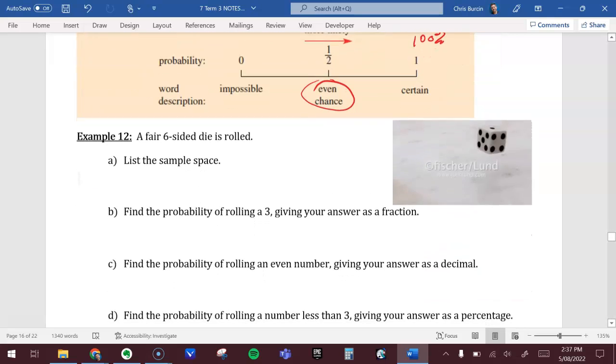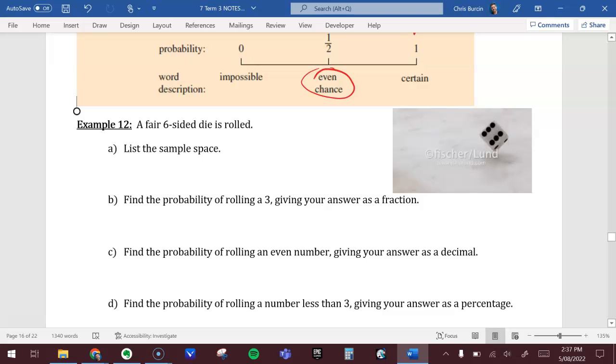Let's have a look. So we've got a 6-sided die, and we know our sample set on the 6-sided die is going to be: one side shows a 1, one side shows a 2, 3, 4, 5, and 6. And with sample sets, we like to put in these squiggly brackets or braces, and that shows that that's a sample space.